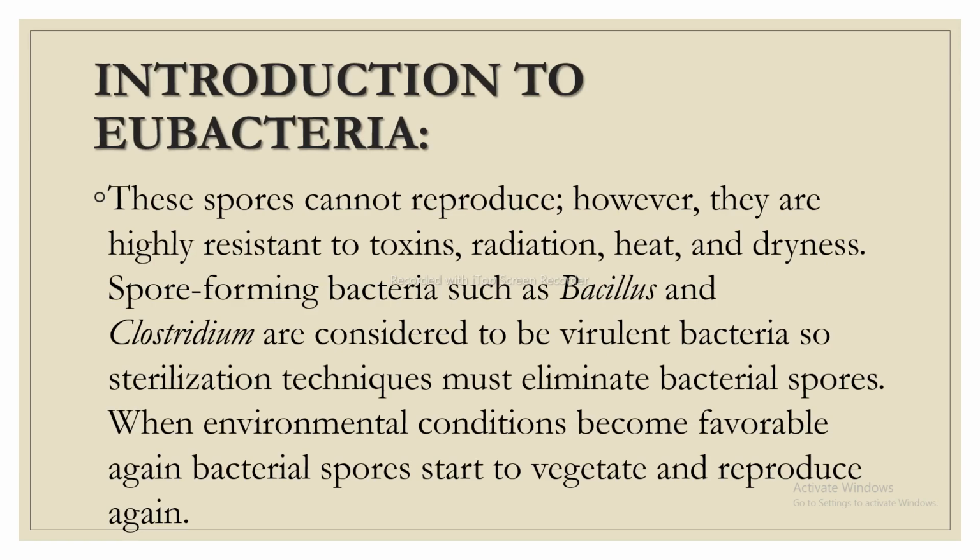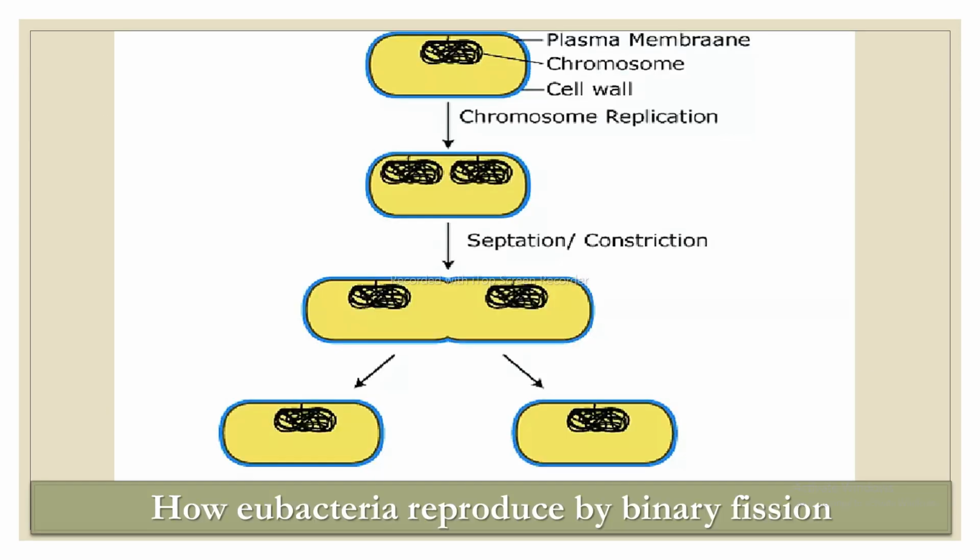Spore forming bacteria such as Bacillus and Clostridium are considered to be virulent bacteria, so the sterilization techniques must eliminate the bacterial spores. When environmental conditions become favorable again, the bacterial spores start to vegetate and reproduce again.